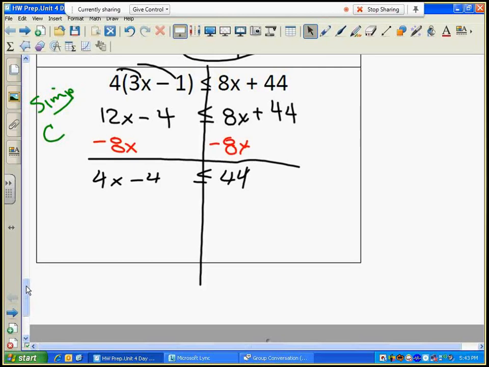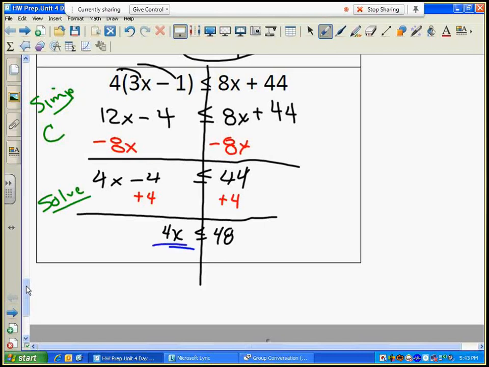Okay, now I'm going to solve. Notice that I'm dividing by a positive 4, which means I'm going to keep the inequality going the same way. And x is less than or equal to 12.